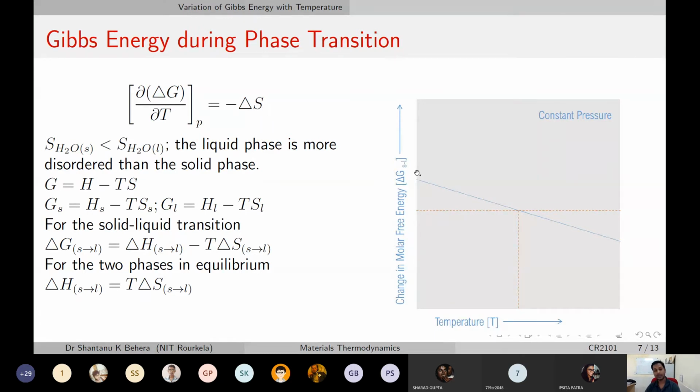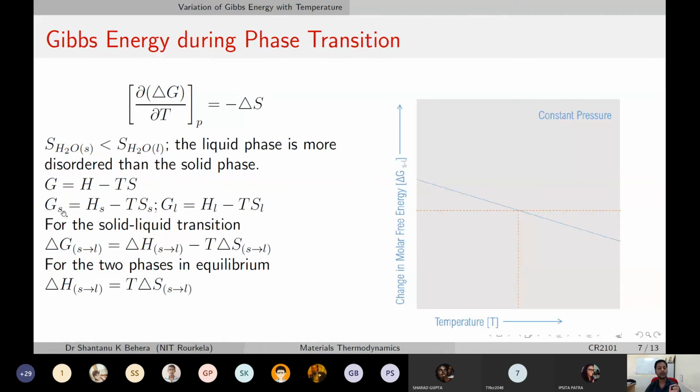We can write the simple equation that G is H minus TS, and you can write the same formula for the solid phase as well as the liquid phase. That is, Gs is Hs minus T Ss, and Gl is Hl minus T Sl.